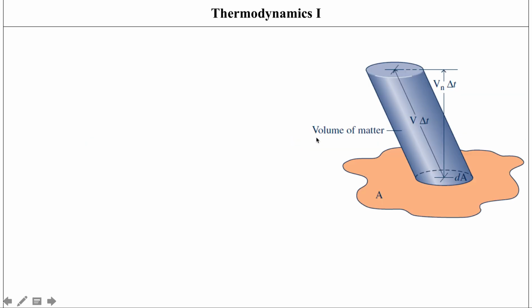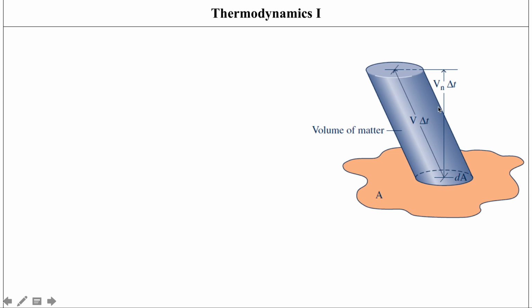To do that, let's look at this example, where we have a fluid or a system with a certain area A. We consider a small quantity of mass within this area that is flowing with a velocity v, and this flows across the small incremental area dA in time interval delta t, right?